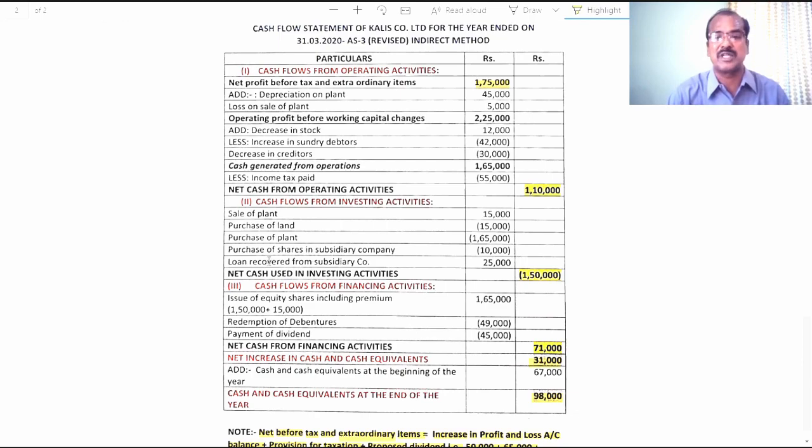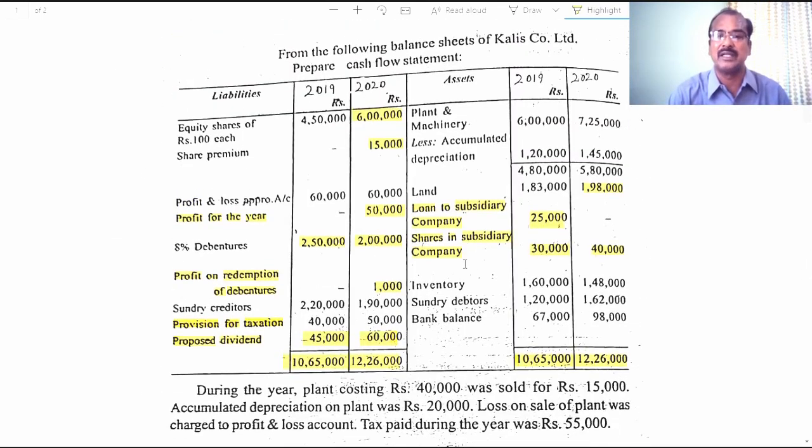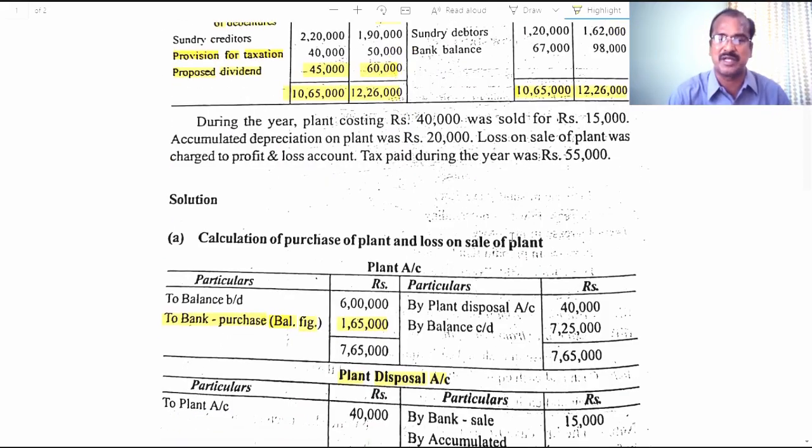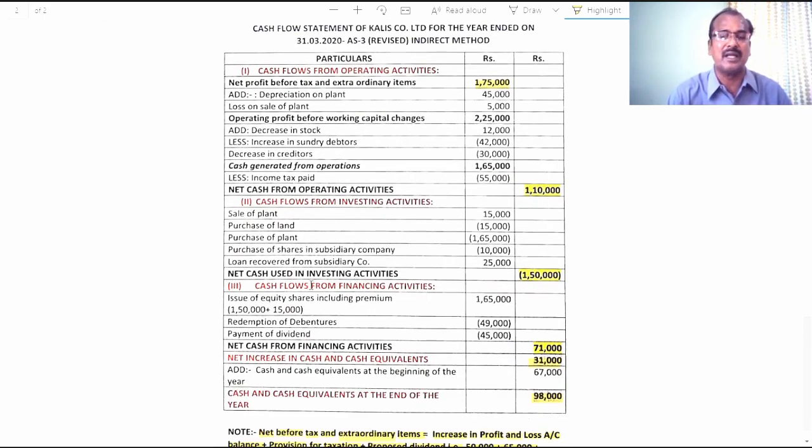Loan recovered from subsidiary company, it was 25,000 rupees in the opening. In the closing it is nil. Therefore, we have got the loan amount back from the subsidiary company. So that is nothing but cash inflow here. Finally, we have calculated net cash used in investing activities, because this is a negative figure, 1,50,000 rupees.